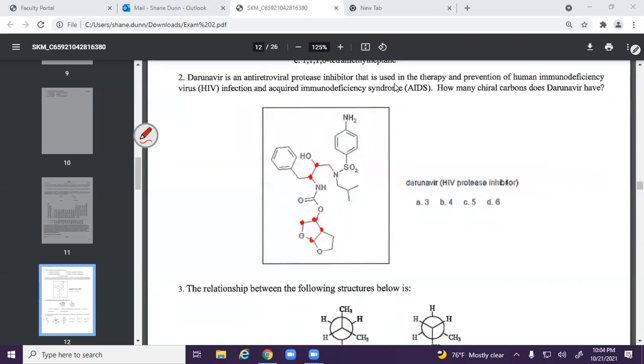Which one? Oh, the bottom one right here is bad. So it's 5. 1, 2, 3, 4, 5. Why is 4, Kyle? It's bonded to an O, it's bonded to an H, bonded to a C.